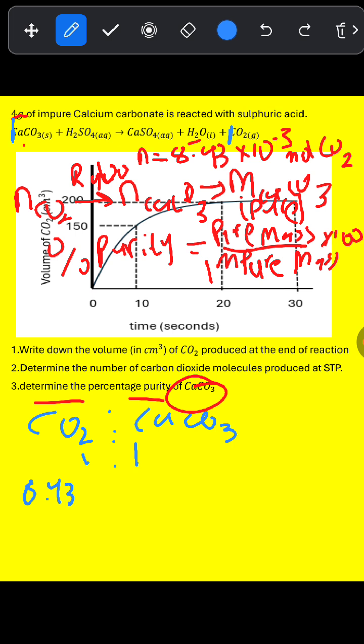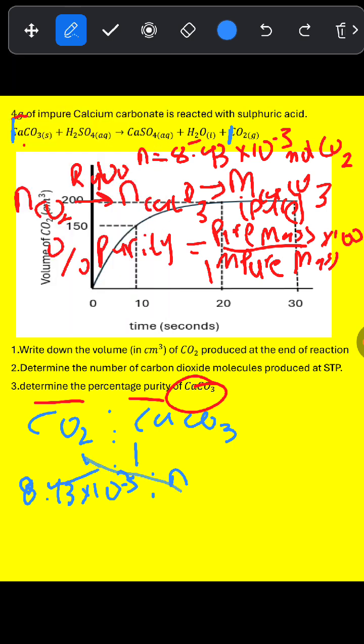Now, the number of moles of carbon dioxide, we know it to be 8.93 times 10 to the power -3. Which means the number of moles of calcium carbonate will be what? You just simply cross multiply.